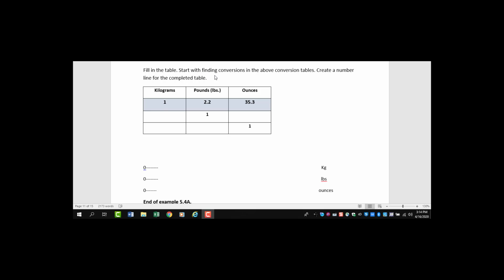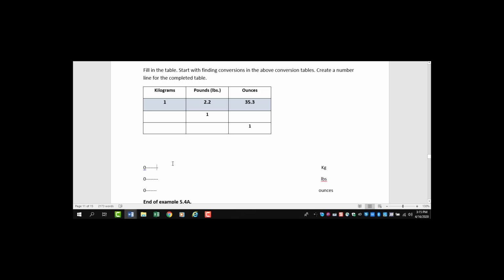Okay, we're going to fill in this table, and we're going to start with this equivalency. 1 kilogram is equal to 2.2 pounds is equal to 35.3 ounces. So let's say we can put that here.